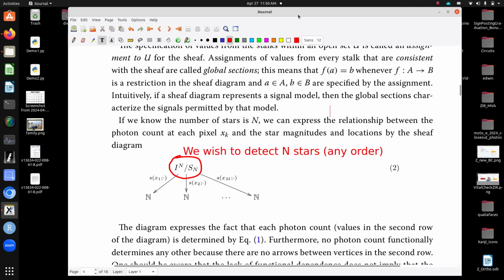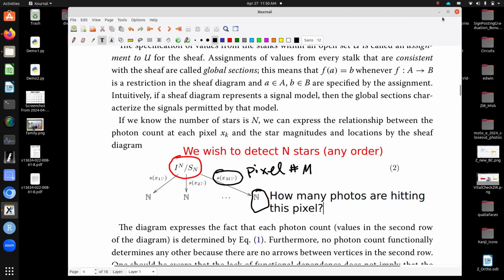And then this expression is about pixel number M. Pixel M is taking care of us. And what's it doing? It's going to result in this measurement. The result is we find out how many photons are hitting the pixel.